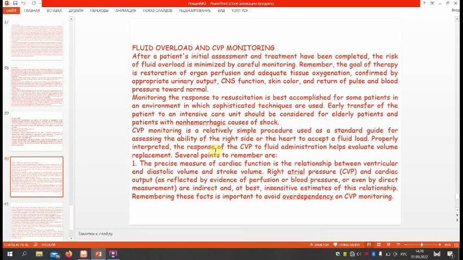Several points to remember are: first, the precise measure of cardiac function is the relationship between ventricular end-diastolic volume and stroke volume. Right atrial pressure and cardiac output, as reflected by evidence of perfusion or blood pressure, or even by direct measurement, are indirect and, at best, insensitive estimates of this relationship.